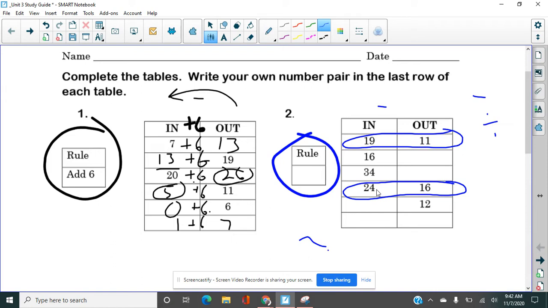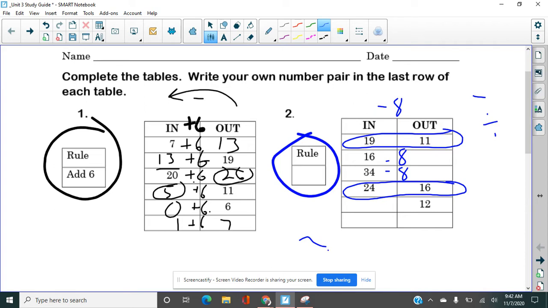And also from 14 to 6, from 24 to 16. Minus what for both of those? Minus 8. Okay, 19 minus 8 equals 11. Now we can just do minus 8 on all of these.